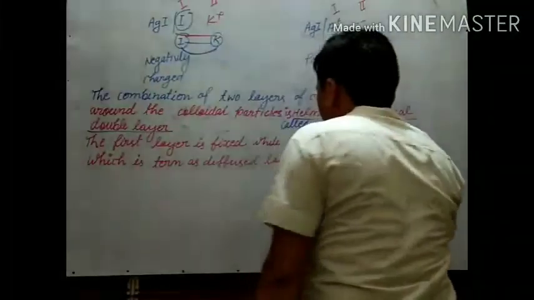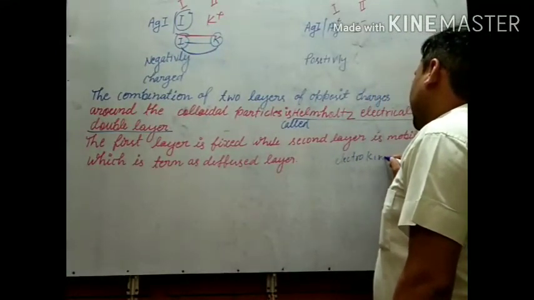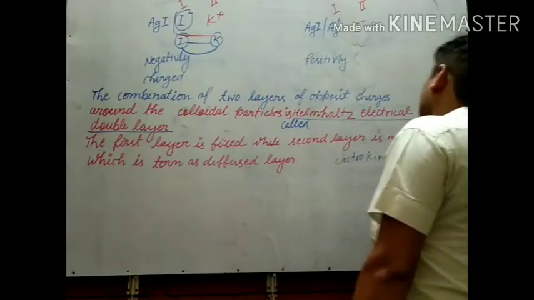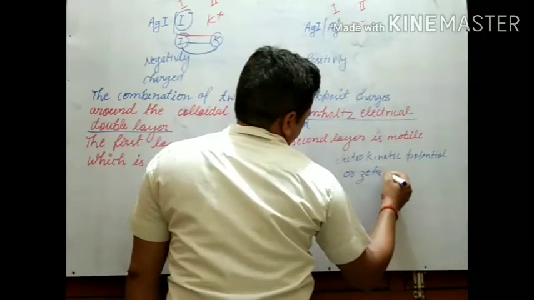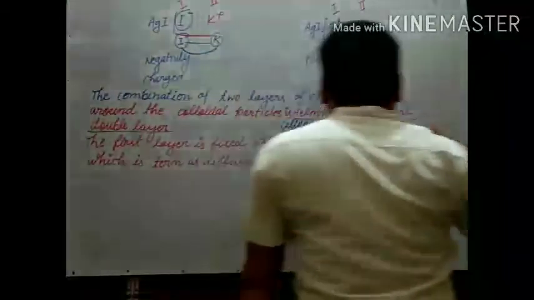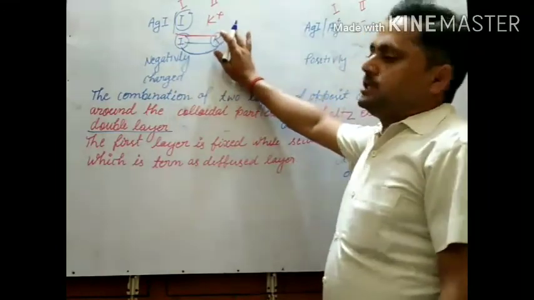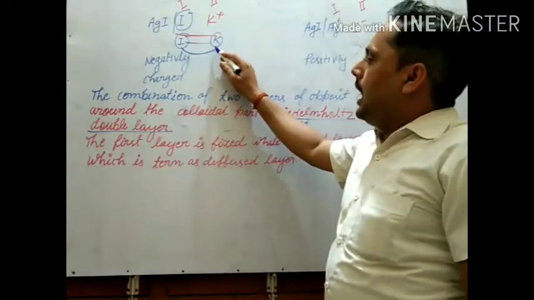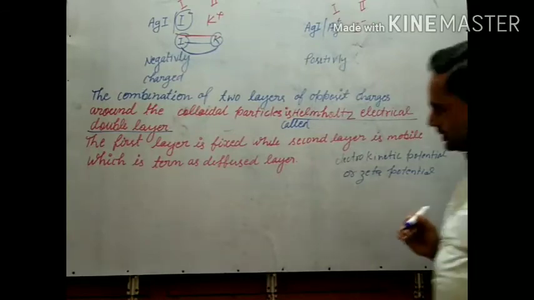What we have discussed here is that due to these two layers of opposite charges a potential is developed, and that potential is called electrokinetic potential or zeta potential.